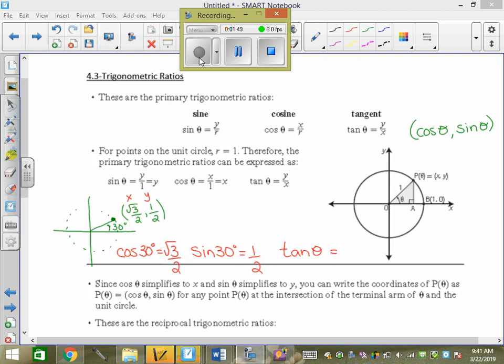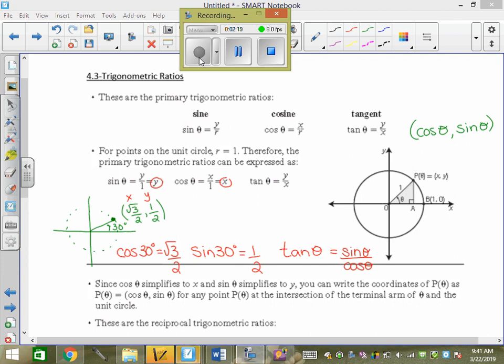Tan theta equals sine theta over cos theta, which is the same as y over x. So we know sine is y, we know cos is x, we know tan is y over x.